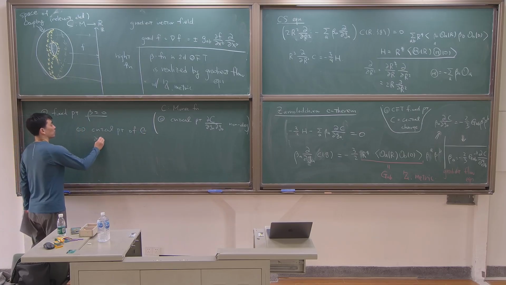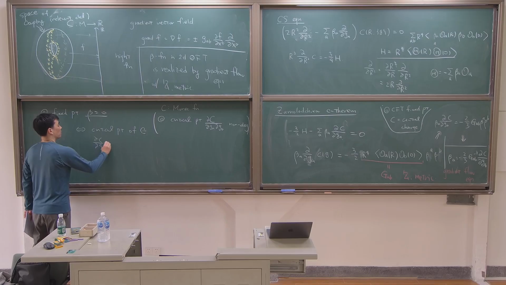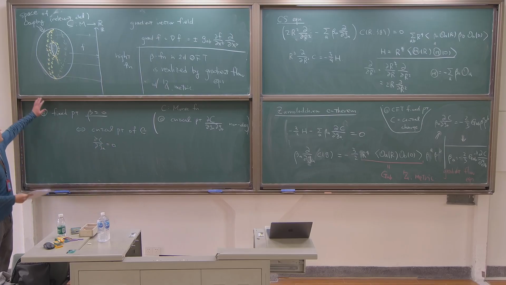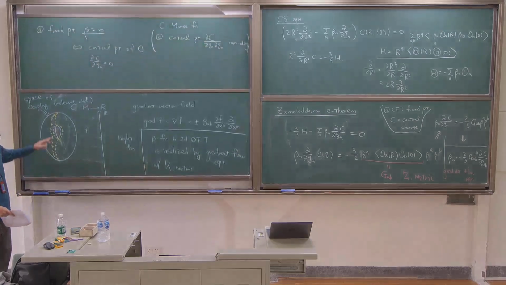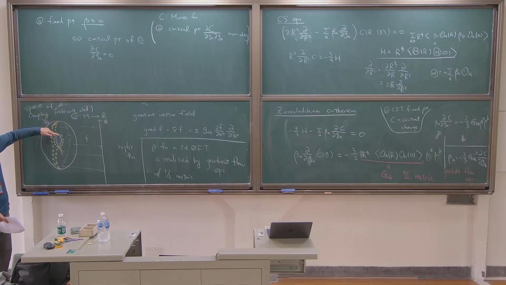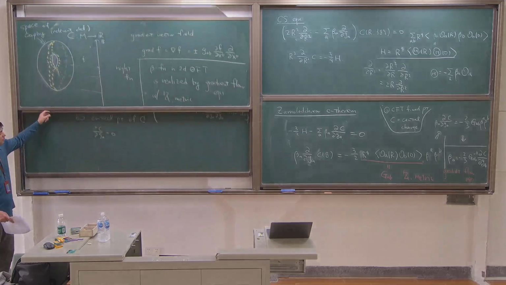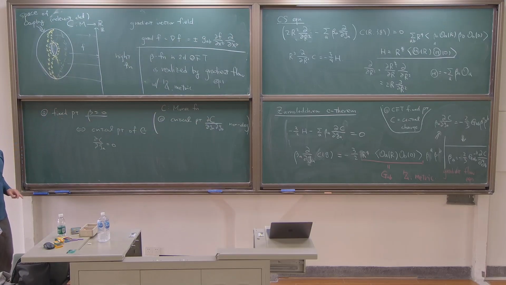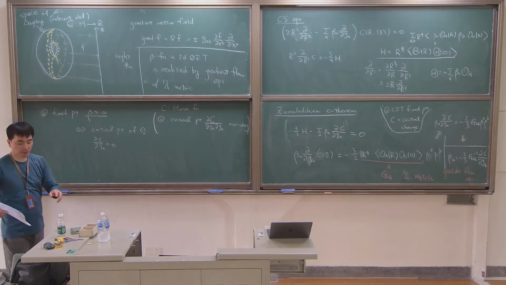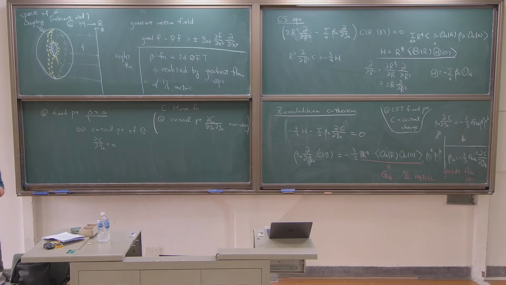Critical point means the derivative is equal to 0. Just like the derivative of this height function is 0 at its critical points, those points correspond to CFT fixed points.